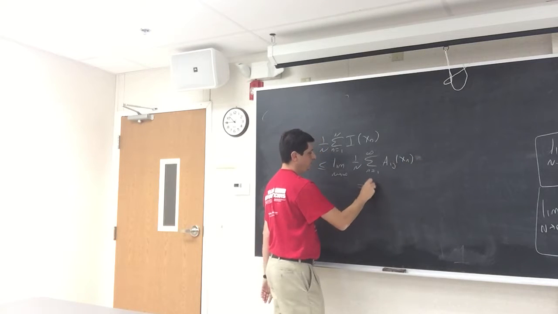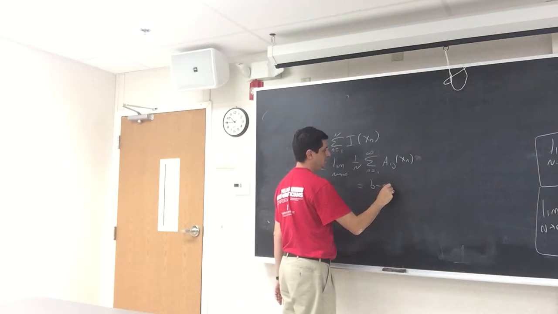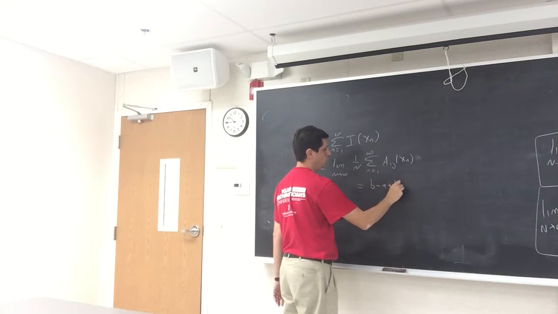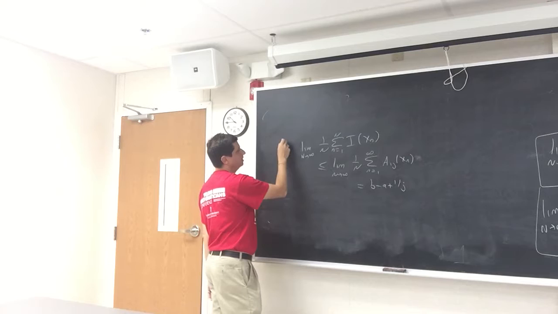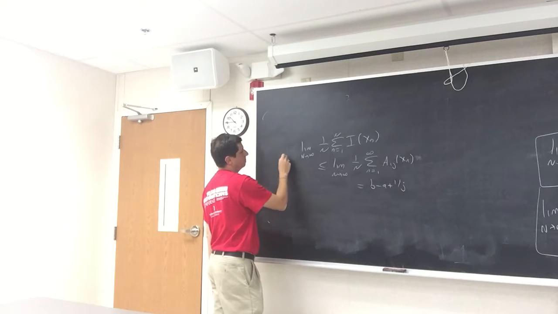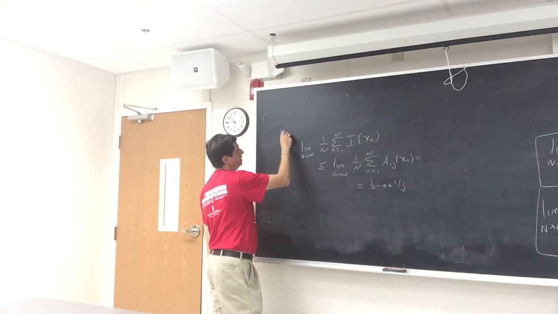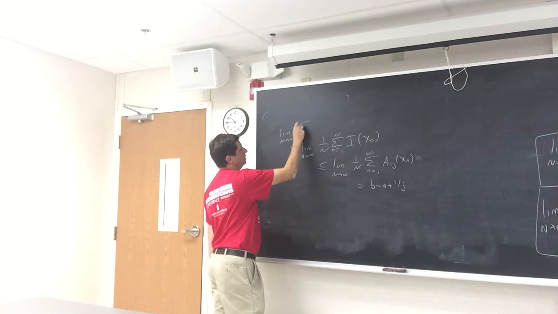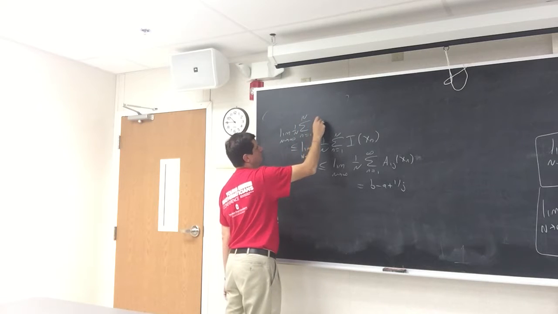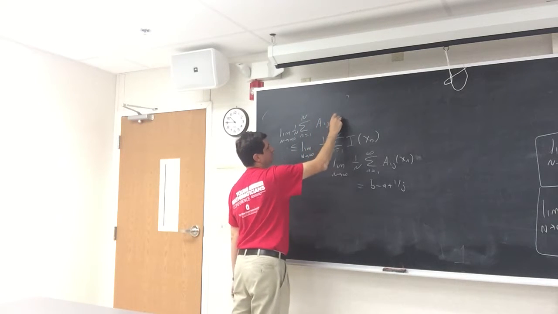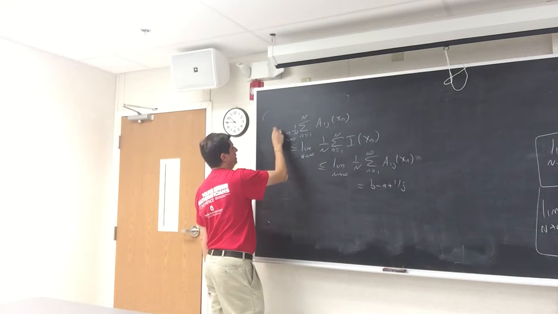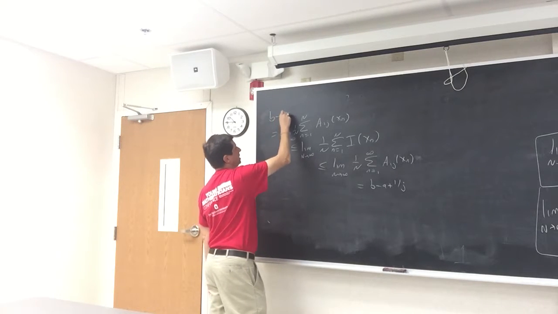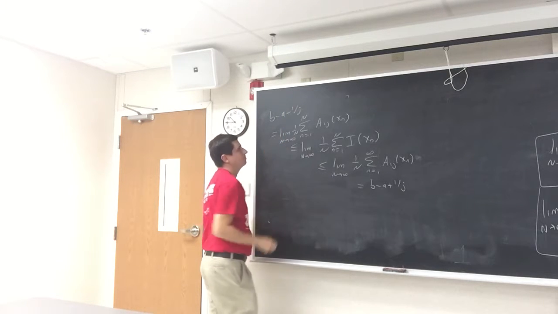And this is equal to b minus a plus 1 over j. And similarly, this is greater than or equal to the limit as n goes to infinity of 1 over n, sum n goes from 1 to N, a1j of x_n. And that's equal to b minus a minus 1 over j.